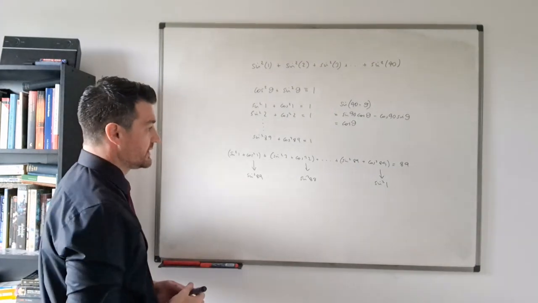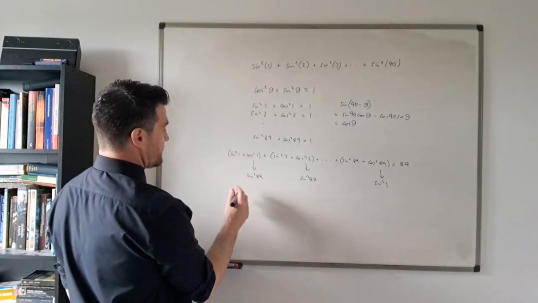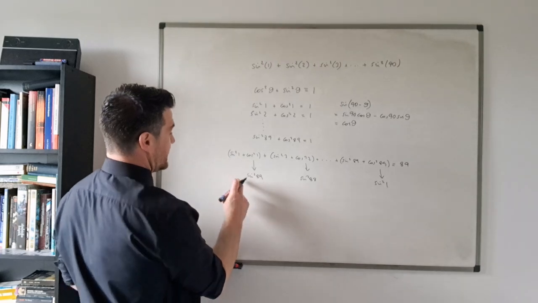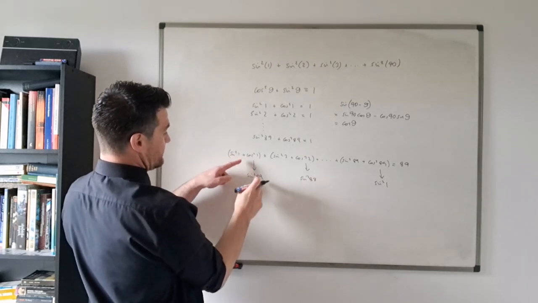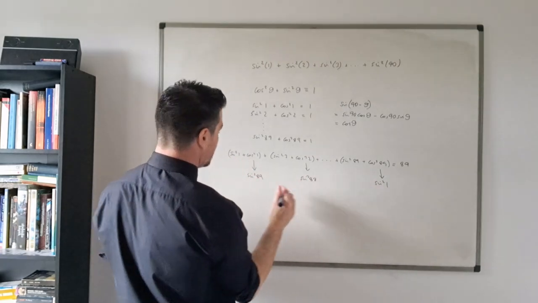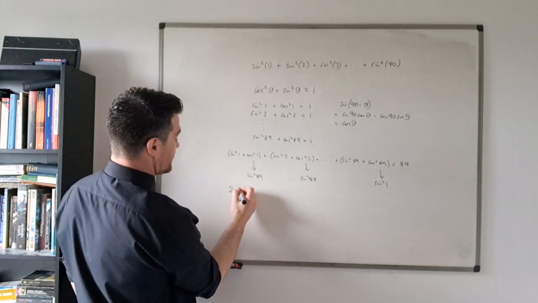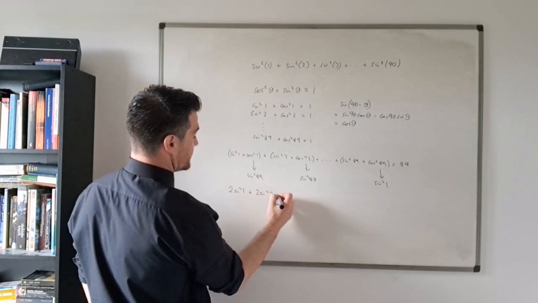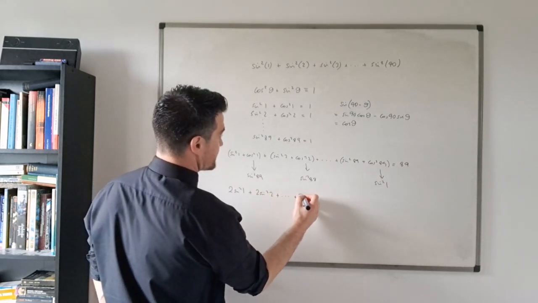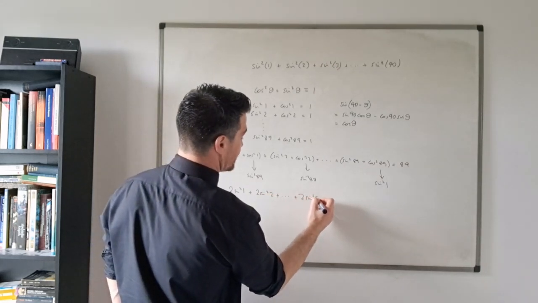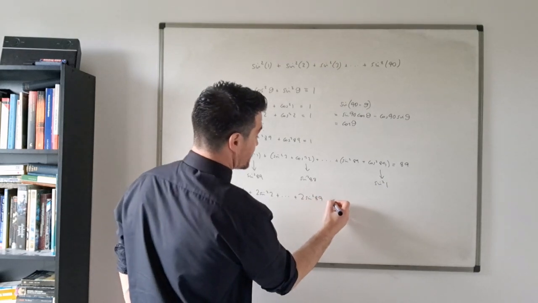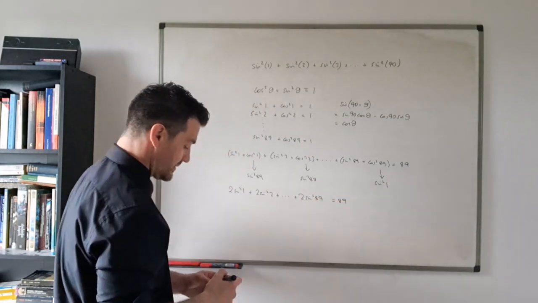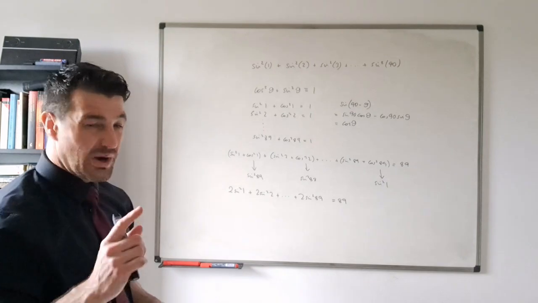So, in other words, I can reorder these a little bit, and I get 2 sine squared 1 plus 2 sine squared 2 plus all the way up to 2 sine squared 89 is going to be equal to 89. Not quite done yet.